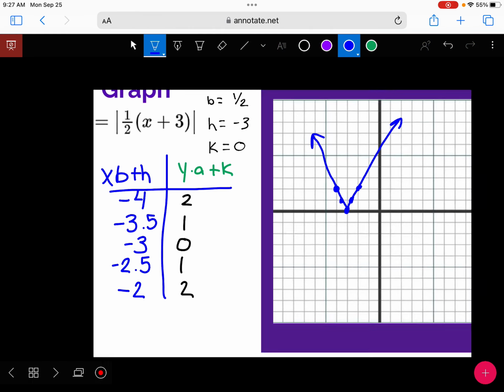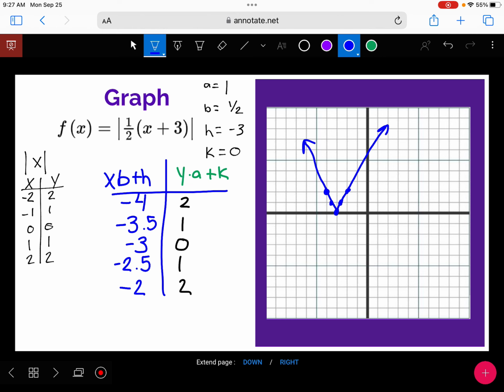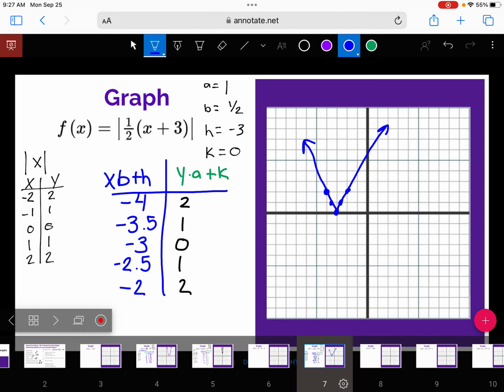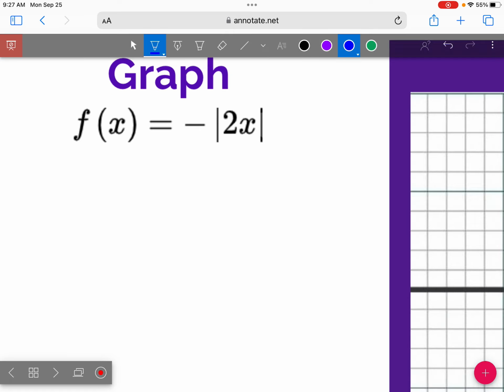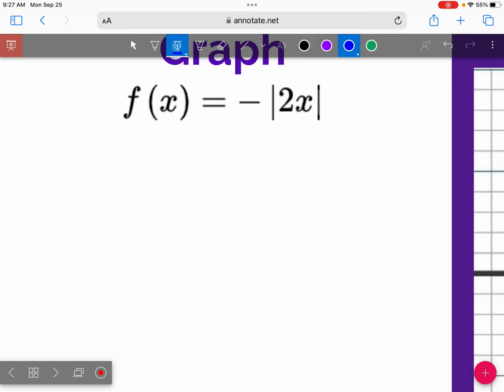Okay, let's do another absolute value. Yeah, let's do this one. Okay. So it's another absolute value.